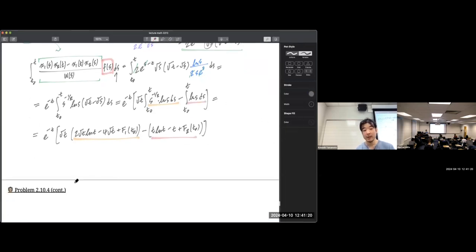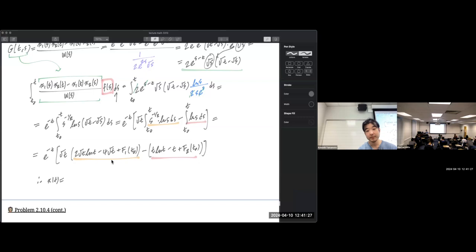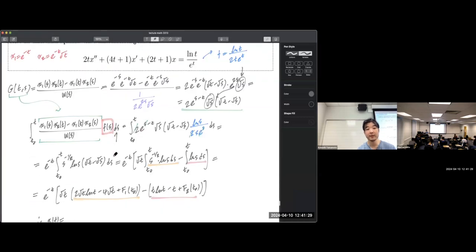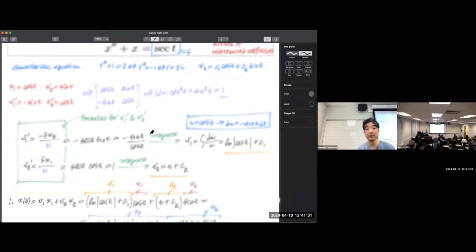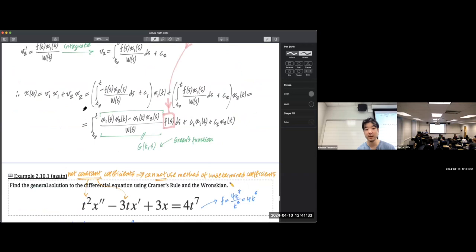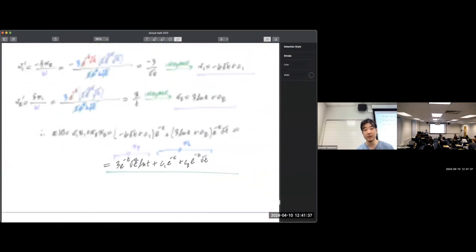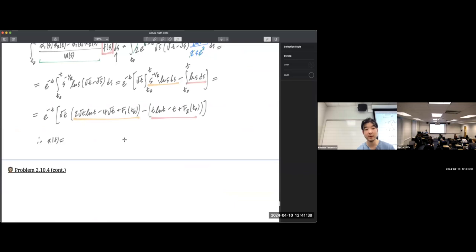And so we're done. So therefore, our x of t will end up becoming, so we have this formula up here. I'll just go back up to the Green's functions right here. I'll just take this whole thing, and that's exactly what we're going to use to construct our solution now that we found this.